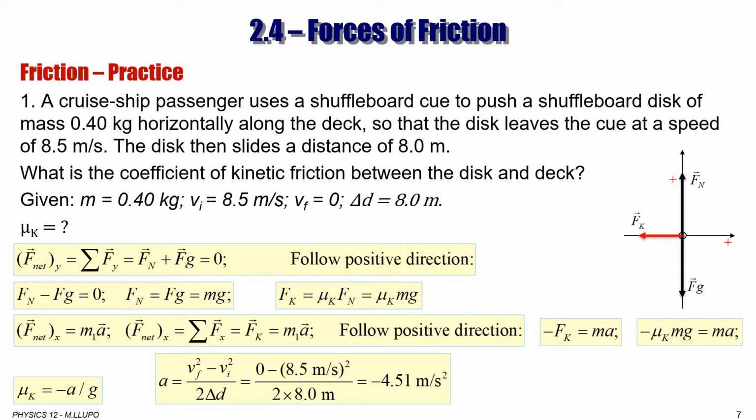And that is expected to be negative, because as you see from the free body diagram, the direction of the force of kinetic friction is always opposite of the motion. So now we are ready to find the coefficient of kinetic friction, which is minus a divided by g, which is minus minus 4.51 meters per second squared divided by 9.8 meters per second squared. That is equal to 0.46.